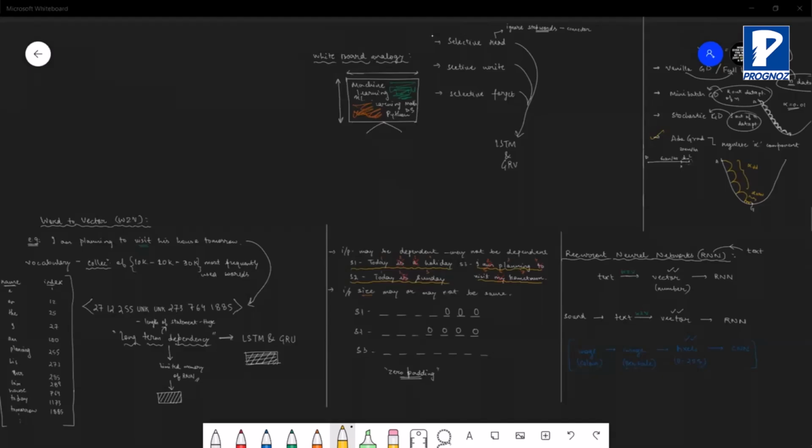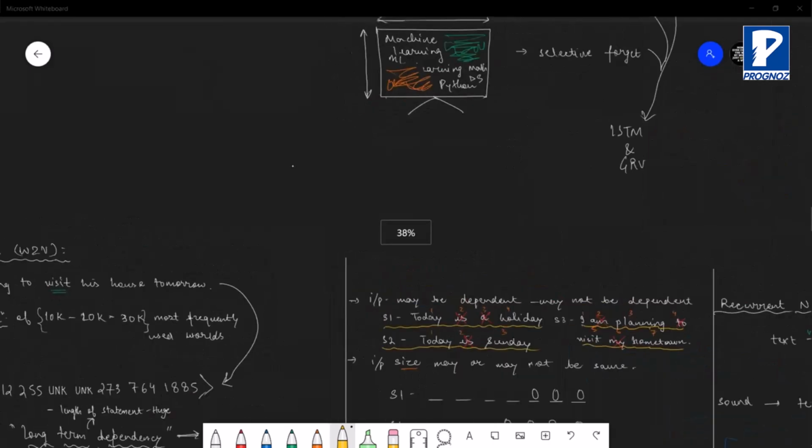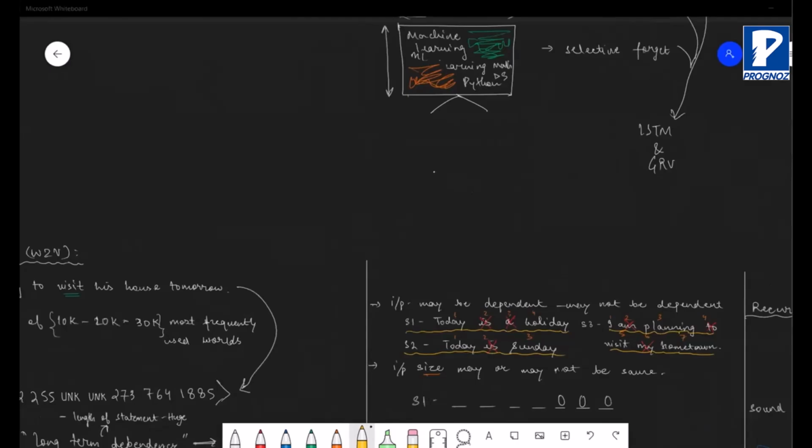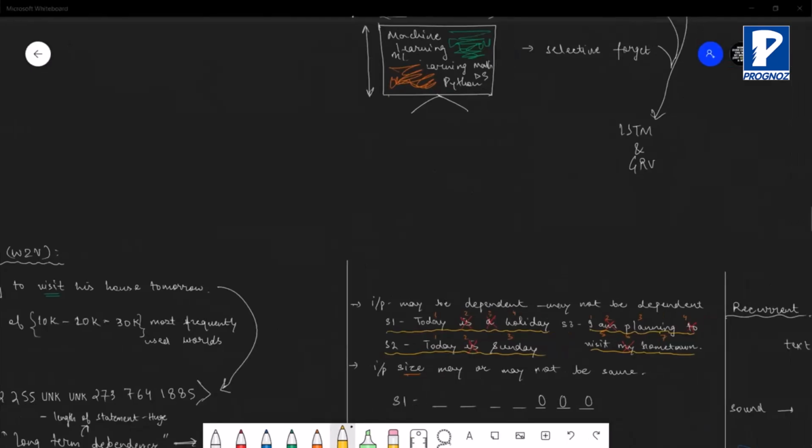Okay, ठीक है. So this is with respect to your RNN. We will try to understand the different applications of RNN now, and फिर the next part. What is your syllabus? Let me just check your syllabus once. Give me 2 minutes. Then we will proceed.